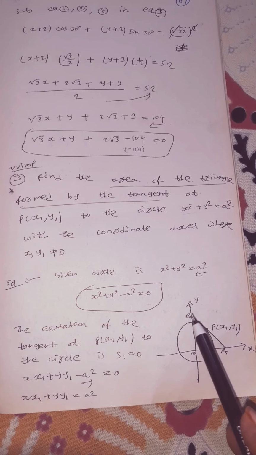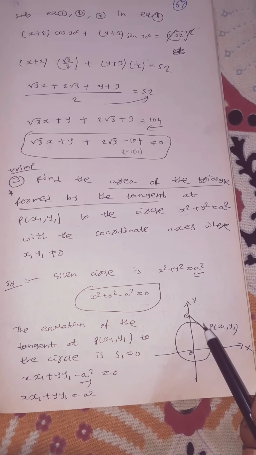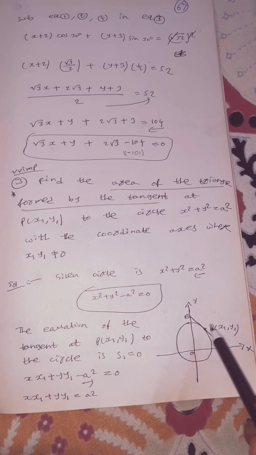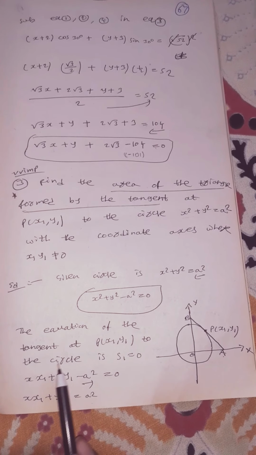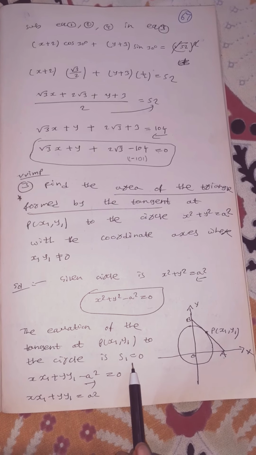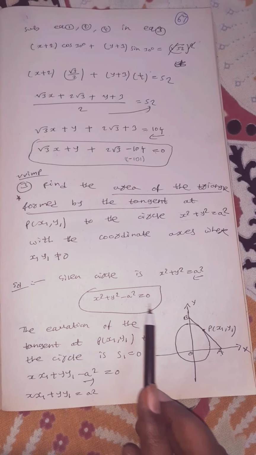If we join the end points A and B, touching the circle at one point, it is nothing but the tangent at P (x1, y1). The equation of tangent at P (x1, y1) to the circle is S1 equal to 0. So xx1 plus yy1 minus a square equal to 0.